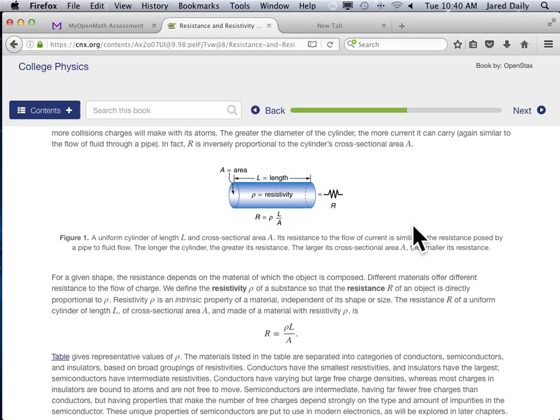What you came up with? That's just for your area. I don't know what my area is.